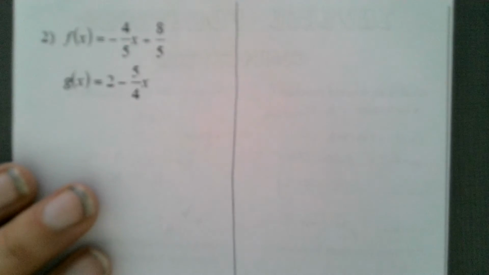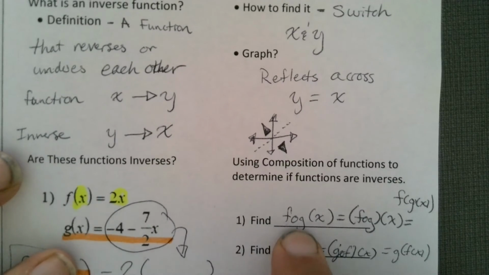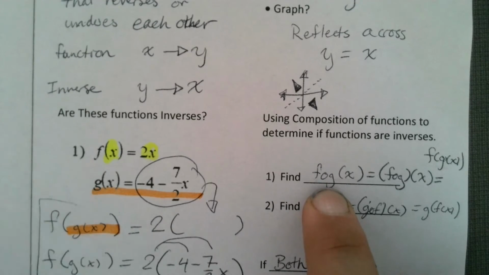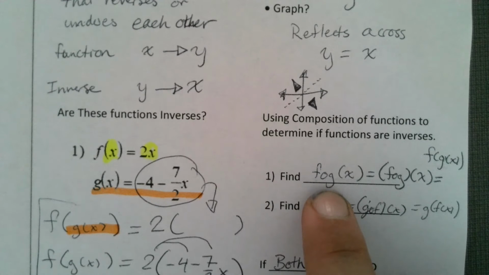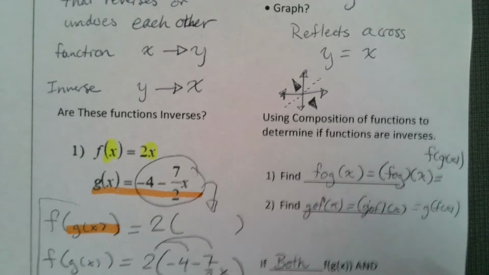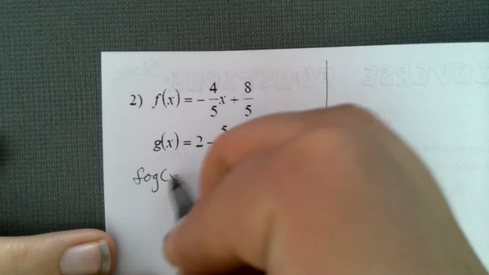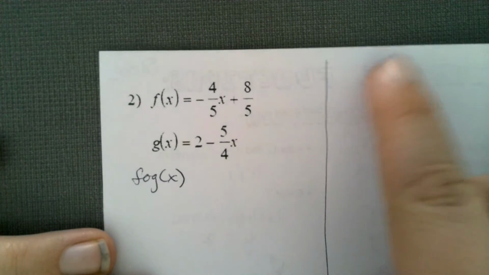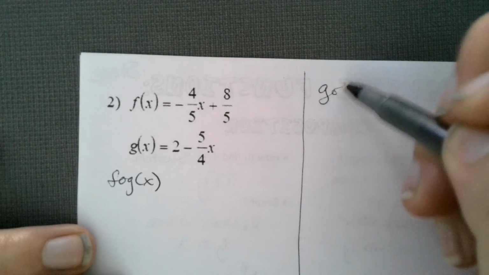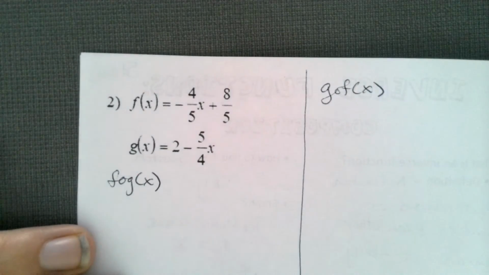Okay, so what's step 1? What does it say? If we go back to the cover, find what? Find what, y'all? Yeah, f of g of x. I'm just going to use fog. So we're going to find fog here, and we're going to find gof here.